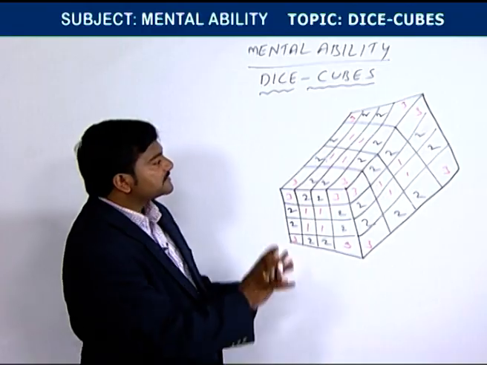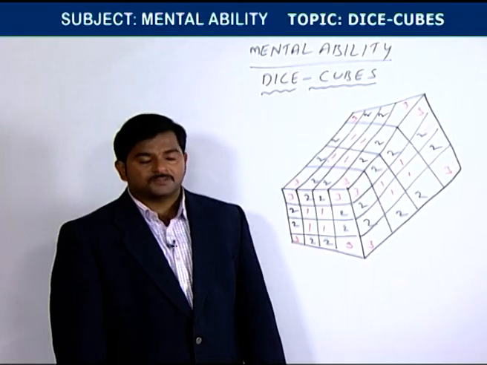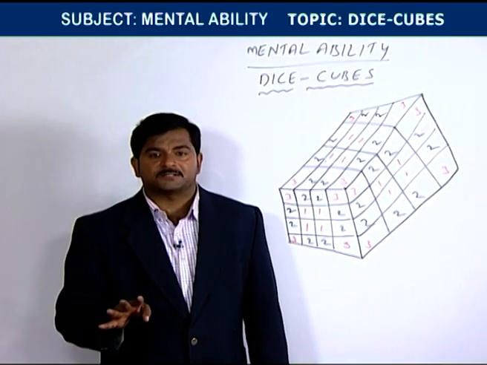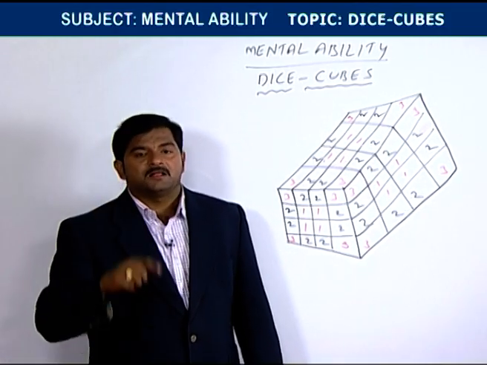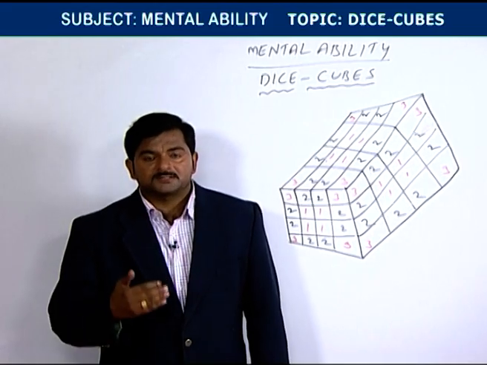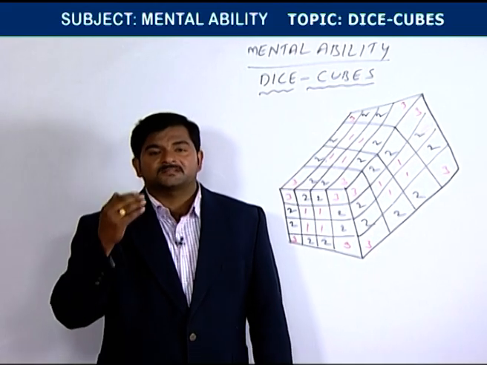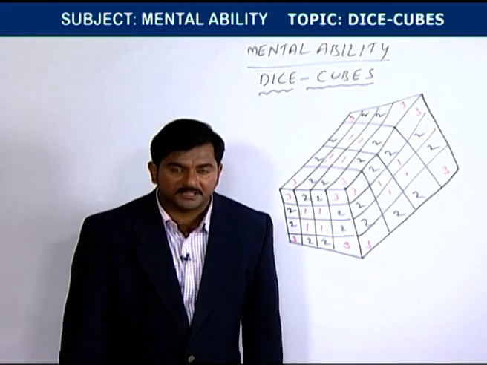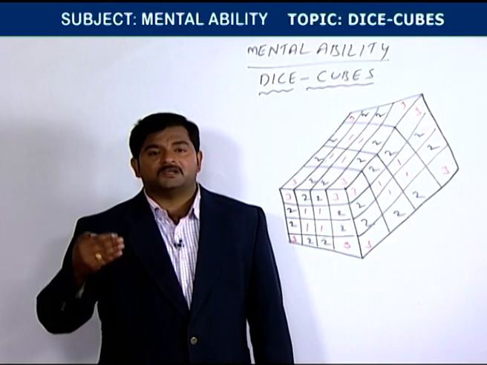Since it is a 3D picture, I drew it like this. So now we come across the following 4 conditions. Condition number 1: out of these various small cubes, some small cubes have 3 surfaces painted.